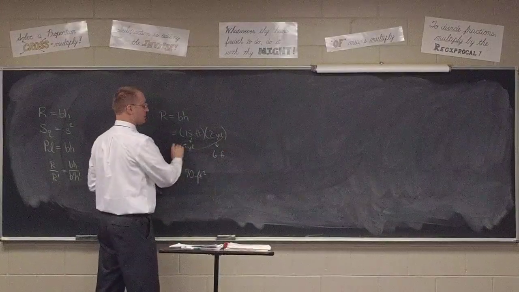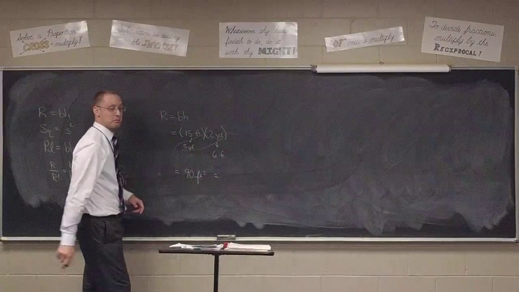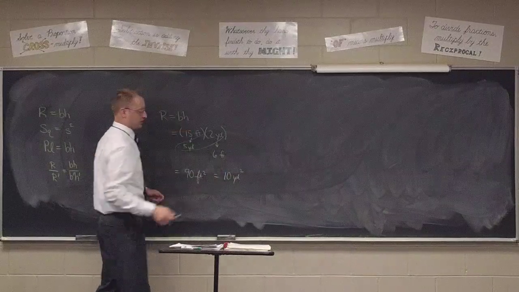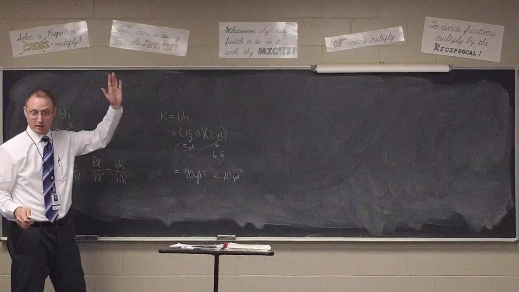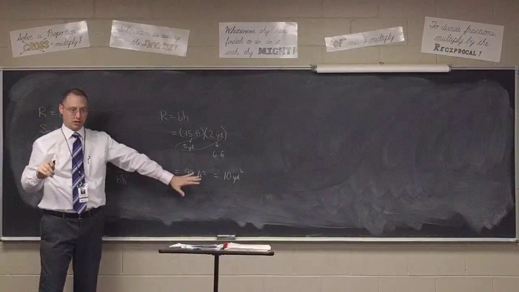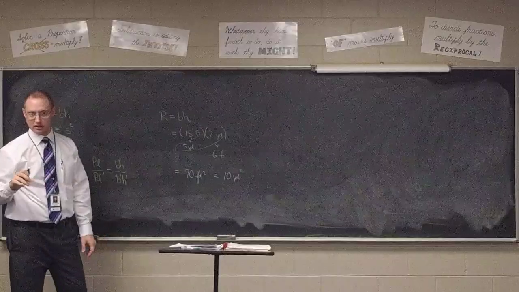So in that case, we could also say the area, class, would be 10 yards squared. Either answer is acceptable. How many had the 10 yards squared? Okay, so how many had either answer? You had one of them. All right, questions on this. Did anyone have 30 feet yards?